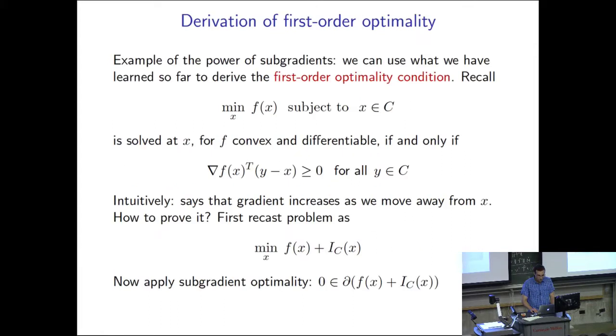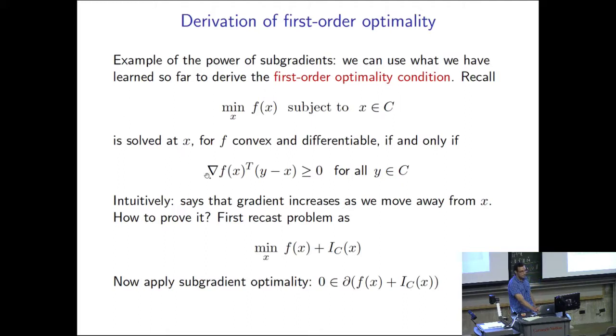We're going to use this in a couple of ways, and I'm going to show you how we can use this to derive the first order optimality condition that we saw a couple lectures ago. Remember I said that if we have a problem that is minimize a smooth convex function subject to x lying in some constraint set C, then this condition is equivalent to x solving this problem, minimizing f subject to this constraint.